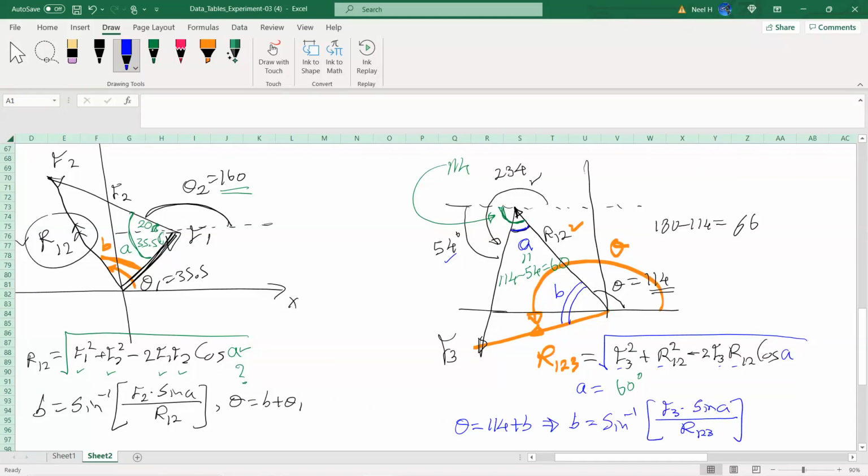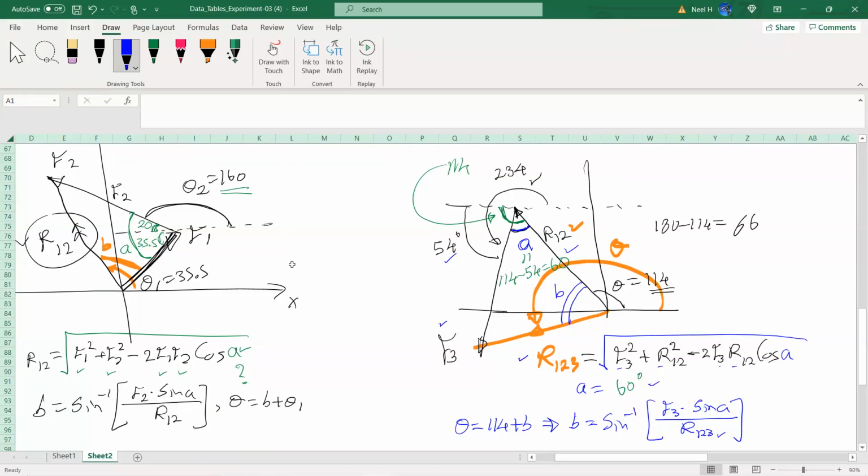So F3 is this magnitude we know, angle A we figured out is 60, and R123 we already found here. Then if you write the function properly, you will get B, then you add 114, you will get the theta. So that's it. It's very simple, but the only problem is that I cannot go by keeping all three vectors. I have to go with the result from the two vectors first and then the third one. That's the only difference.